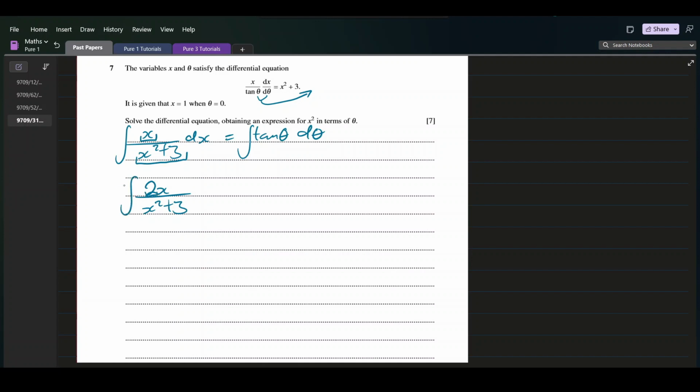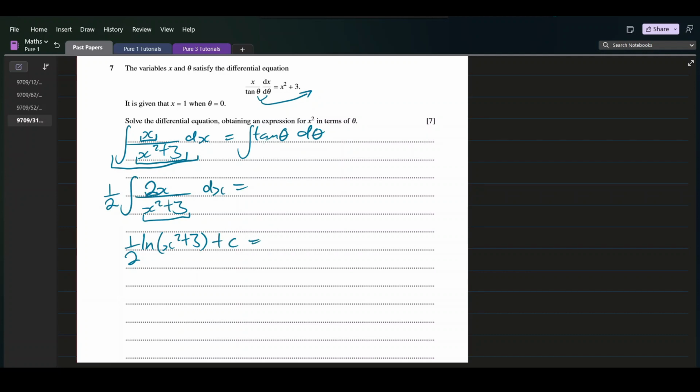So we can get rid of that 2 by multiplying outside of the integral sign by half. So if you were to simplify this, you go back to the original expression over here. So that means that if we were to integrate, this would become half ln of the denominator, x squared plus 3. That's the left hand side, and then we'll put the constant of integration.